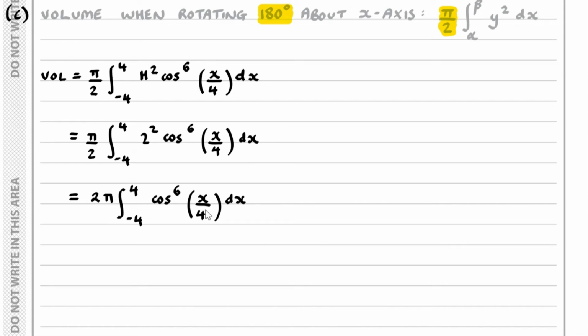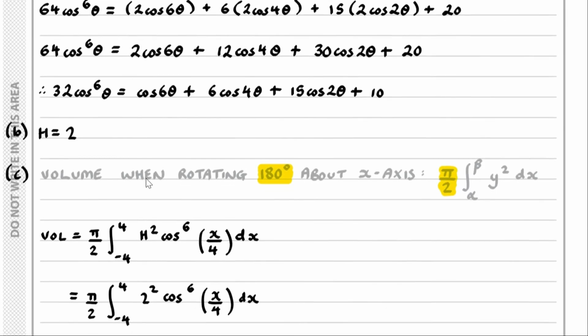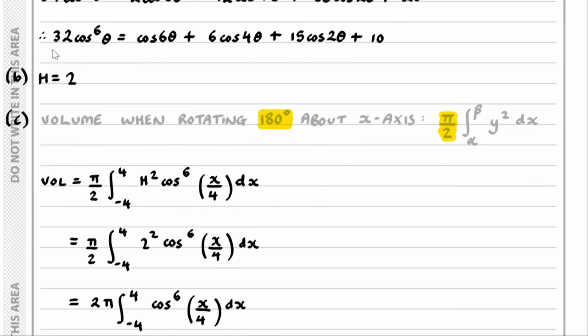Now, in order for me to integrate this, what I know from part A is 32 times cos^6 theta is cos 6 theta plus 6 cos 4 theta plus 15 cos 2 theta plus 10.